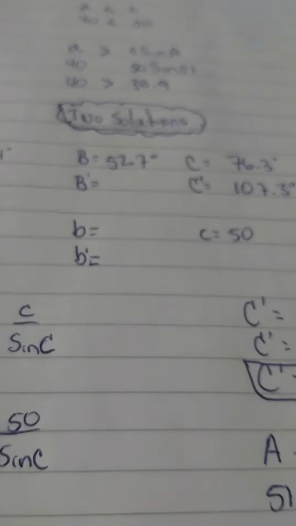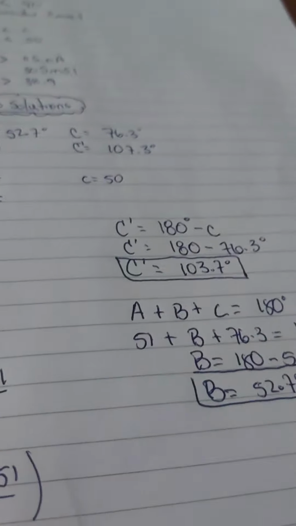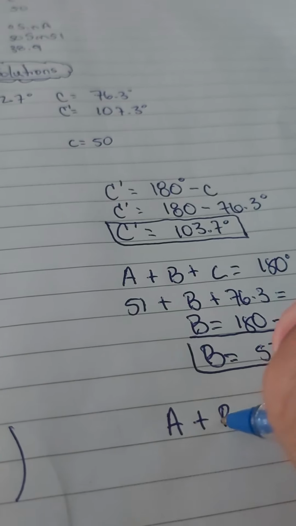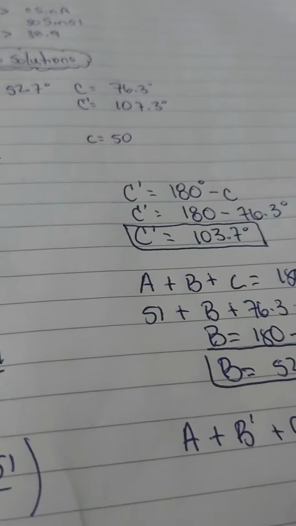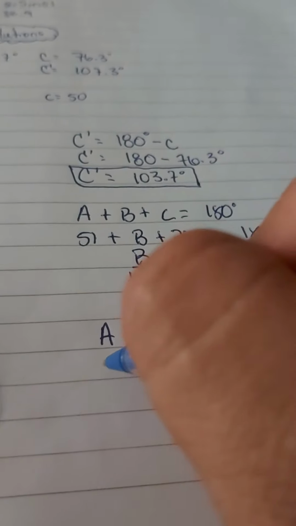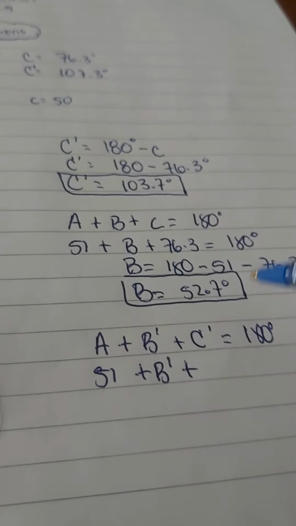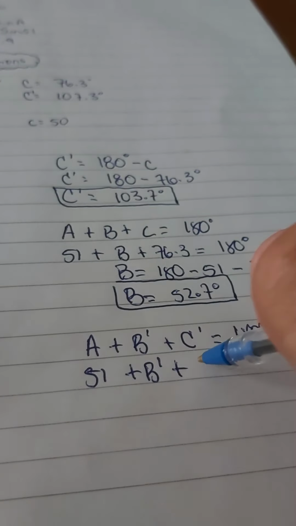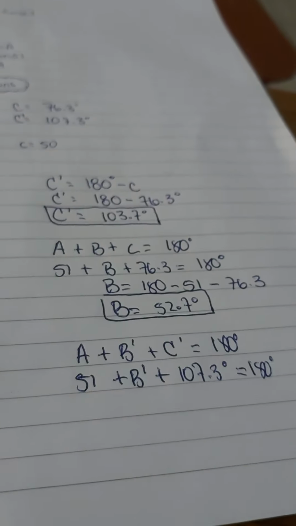How do we find the second angle B? We're going to use again the same formula: angle A plus angle B prime plus angle C prime equals 180. That means 51 plus angle B prime plus C prime, 103.7, equals 180.